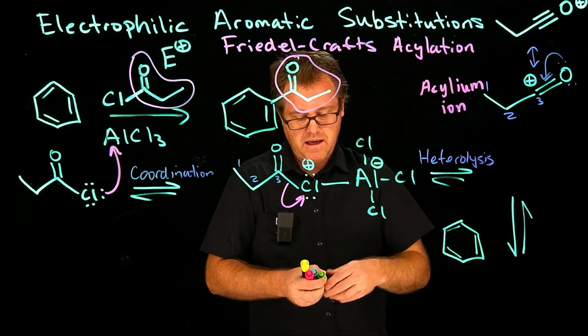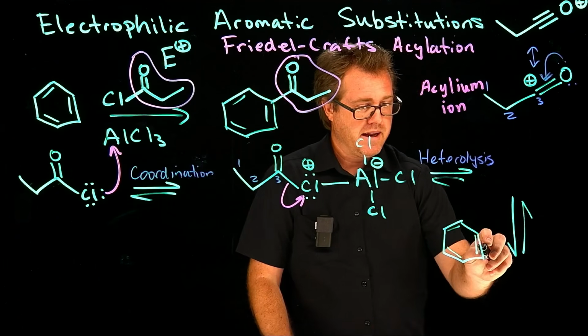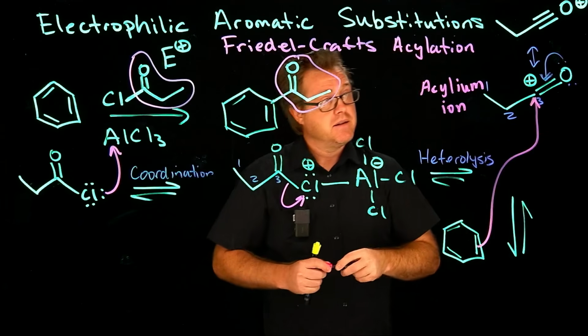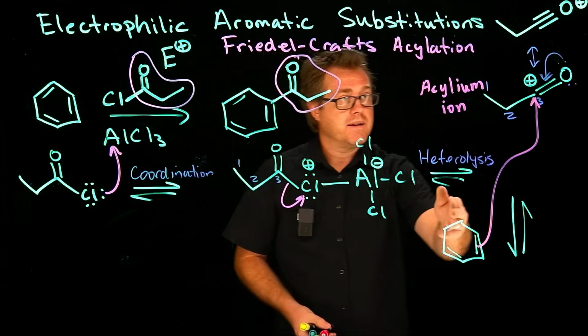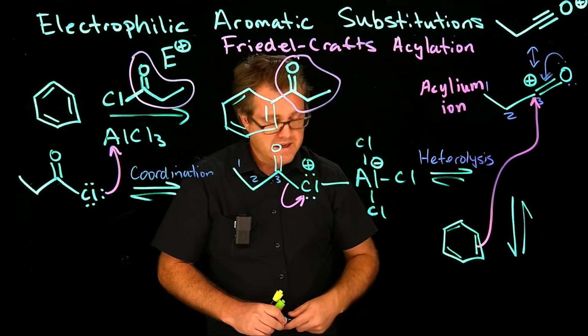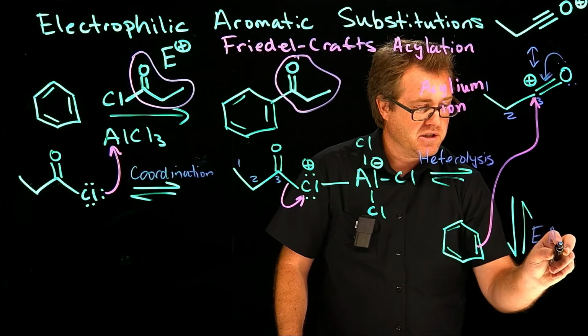Okay, there's our benzene. And if I draw it mechanistically, and I take these pi electrons here and come in and attack that electrophilic carbon, what type of mechanistic step did I just do? That would be called the electrophilic addition step.